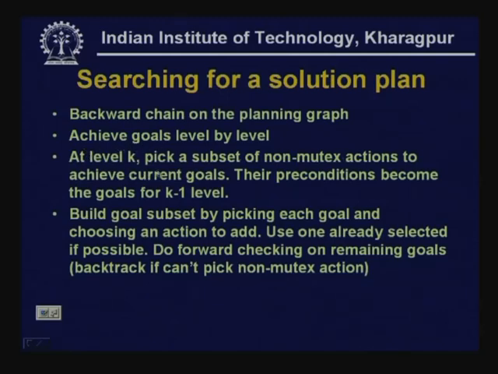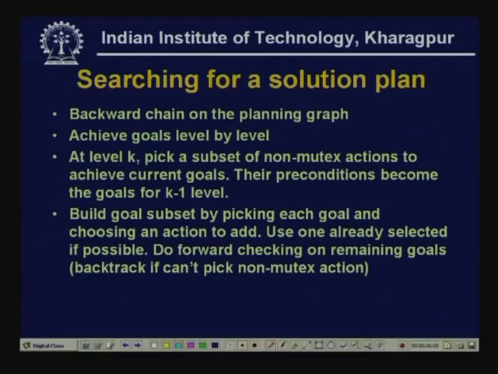At level k, we pick a subset of non-mutex actions that can achieve the current goals. The preconditions of these actions become the goals for the (k-1)th level. We build the goal subset by picking each goal and choosing one of the actions to add. It could be that one action achieves two different goals.